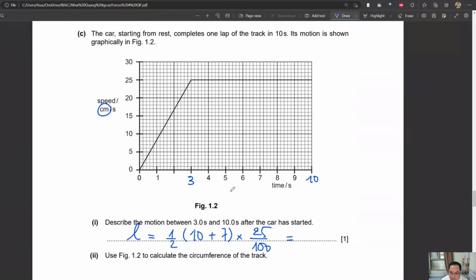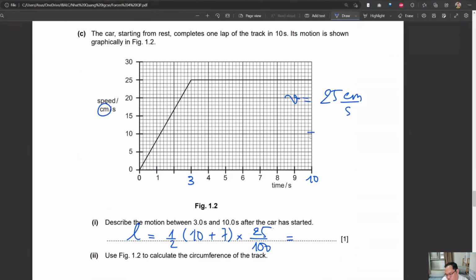But why in meters, not centimeters? If the speed is in centimeters, we need to divide by 100 to convert into meters, so that the distance we calculate will be in meters. The speed is 25 centimeters per second.